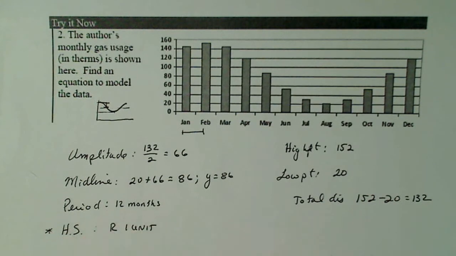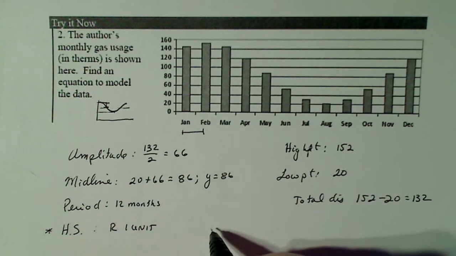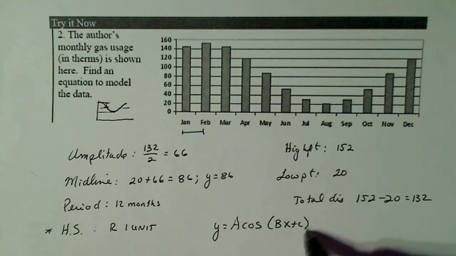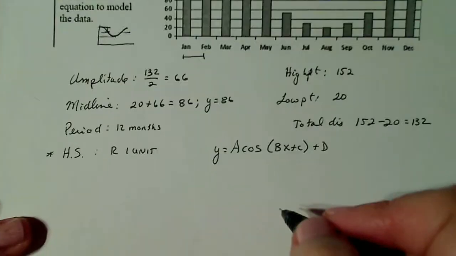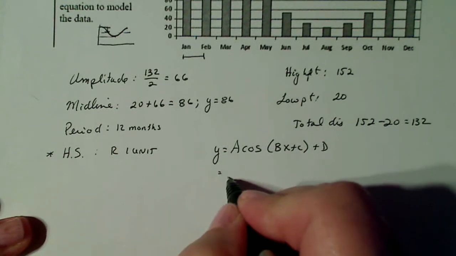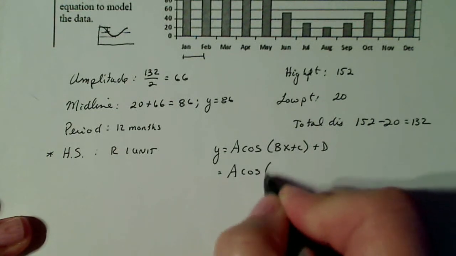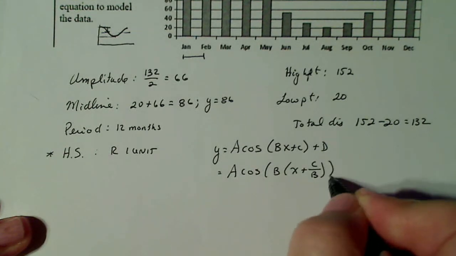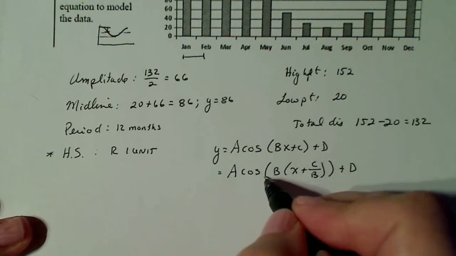Now, based on all this information, I have to come up with my basic cosine function, y equals A cosine(Bx plus C) plus D. Now, also remember, since I have a horizontal shift, it's going to be A cosine B times the quantity x plus C over B, plus D. Now, that looks complicated, but don't let it fool you.